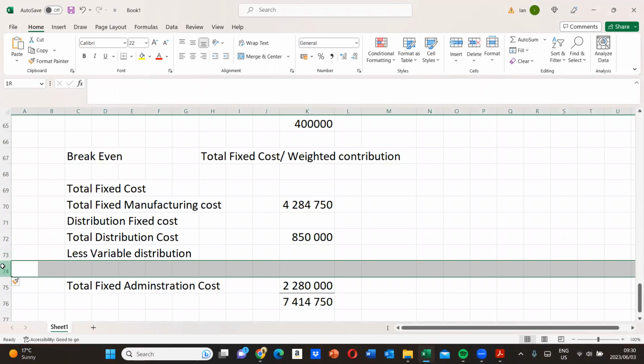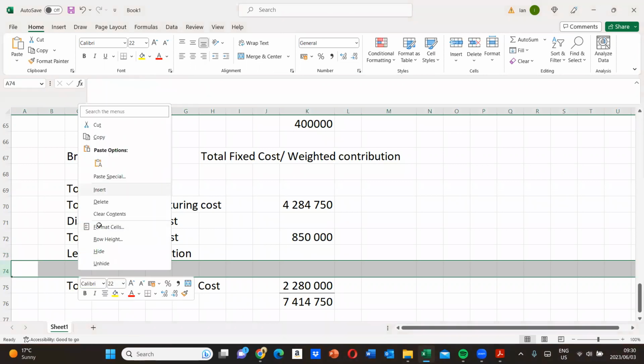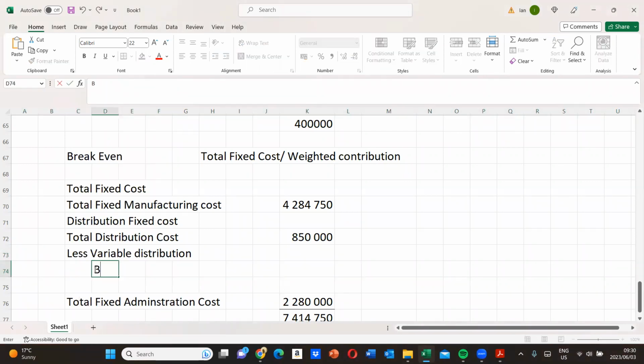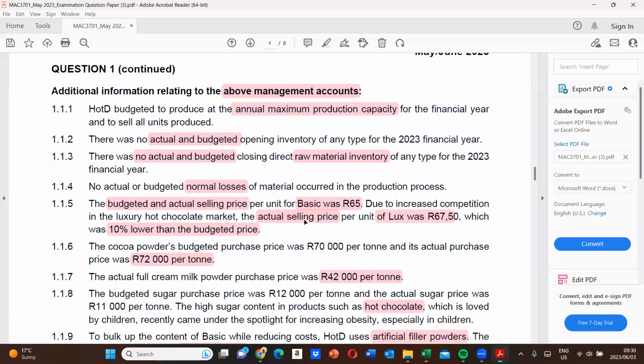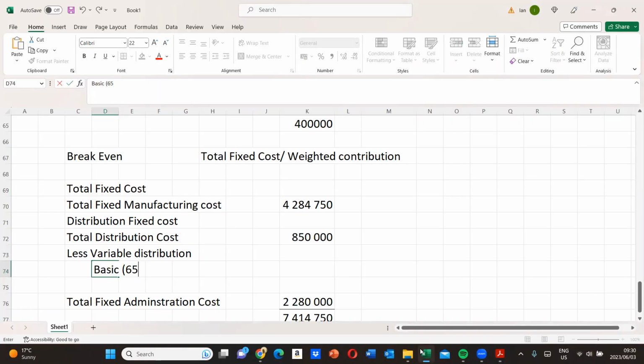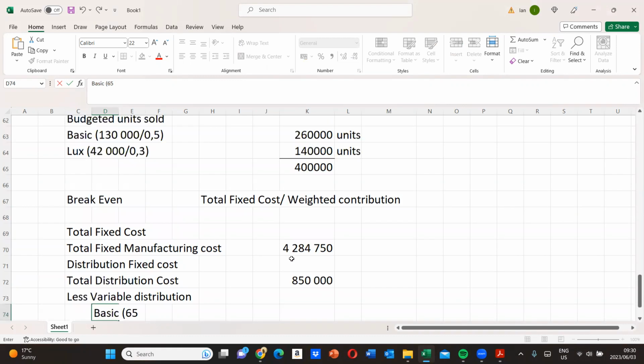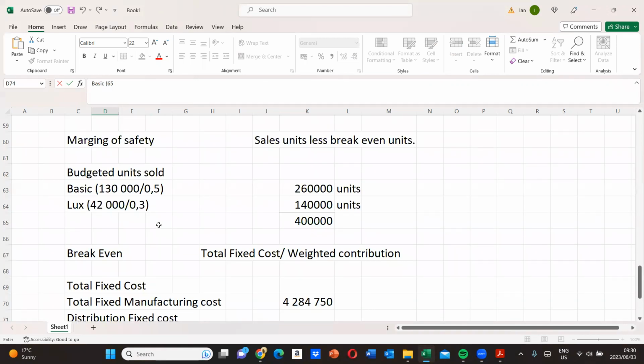So let's work it out. We do variable cost for Basic and then variable cost for Lux. So Basic. What is the distribution cost that you have for Basic? We saw Basic is selling at 65 Rand per unit. The budgeted selling price is 65 Rand. How many units did Basic actually sell?